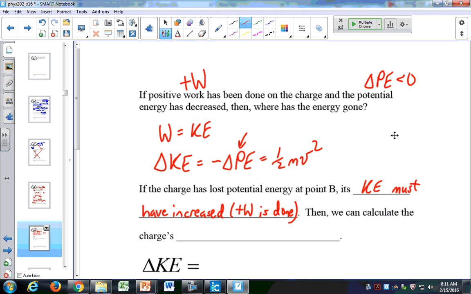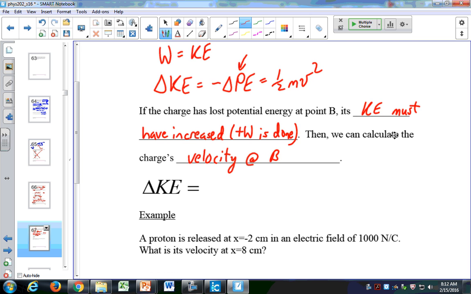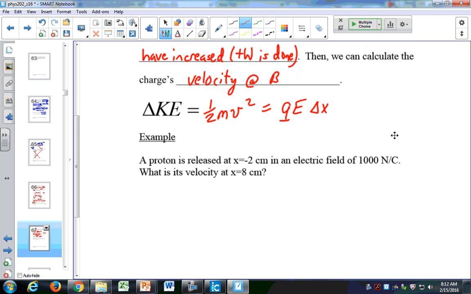Then we can calculate the charge's velocity at point B. Our change in kinetic energy is equal to 1/2 mv squared, which is equal to the work done by the force, QE times delta x. This is pretty powerful because it says that you can give a charged particle a particular velocity when it travels through an electric field.